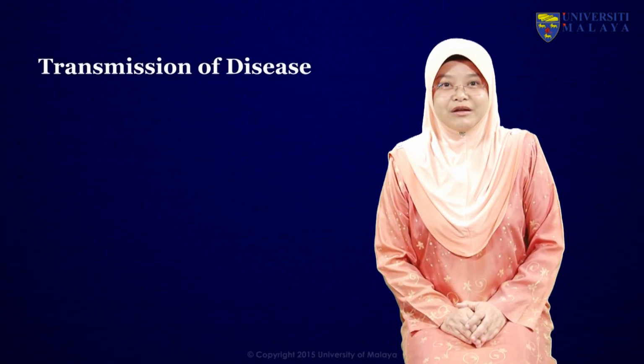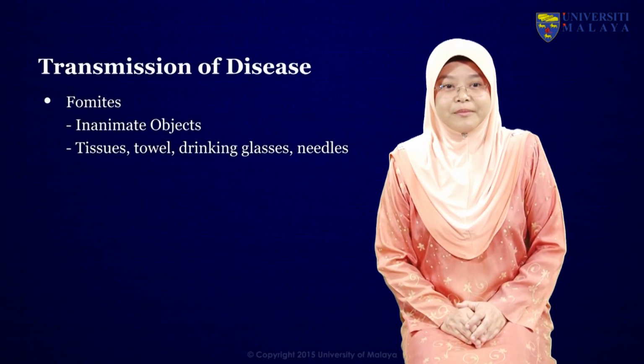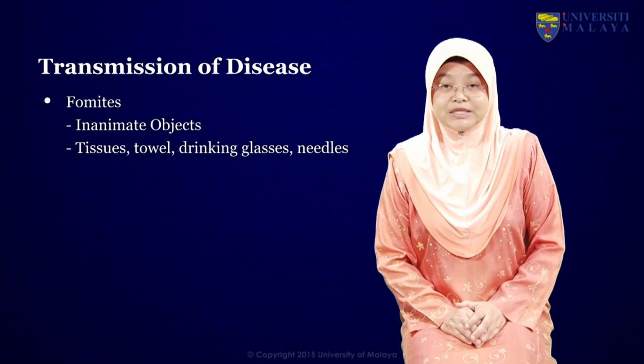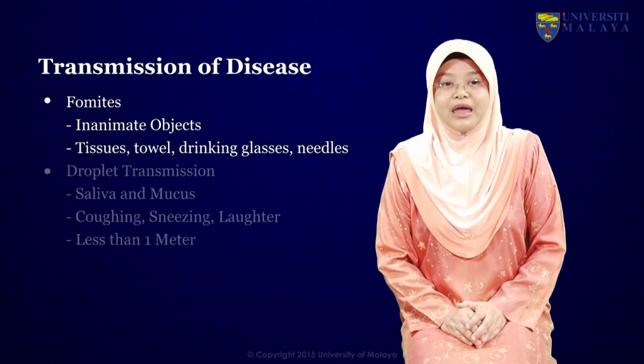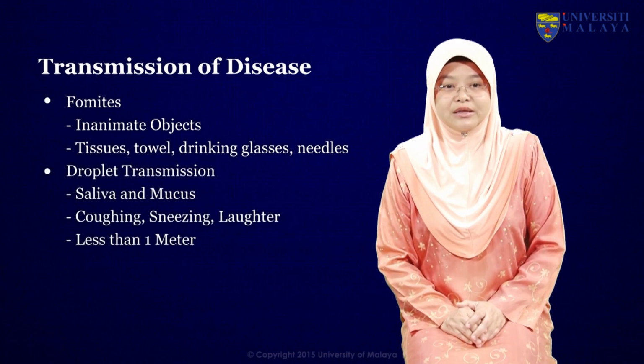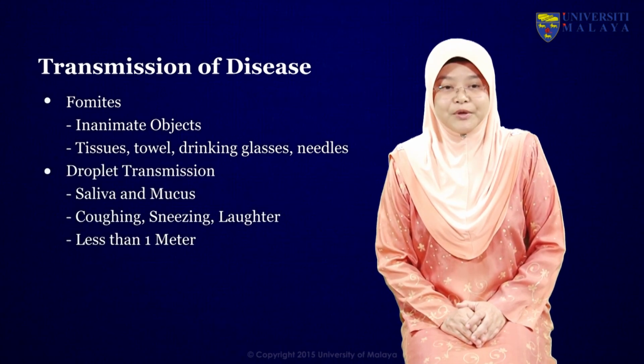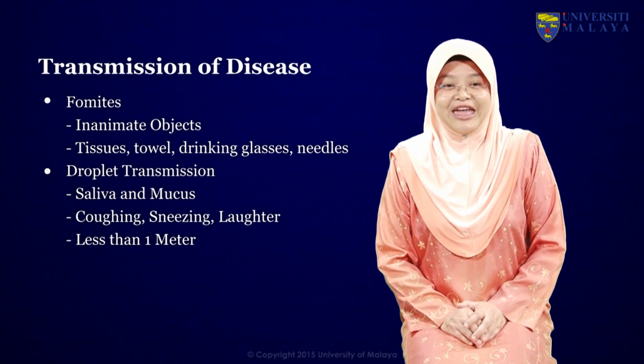Transmission of disease by fomites involves inanimate objects such as tissue, towels, drinking glasses, or needles. Droplet transmission can be caused by saliva and mucus, coughing, sneezing, laughter, and the distance is normally less than 1 meter.